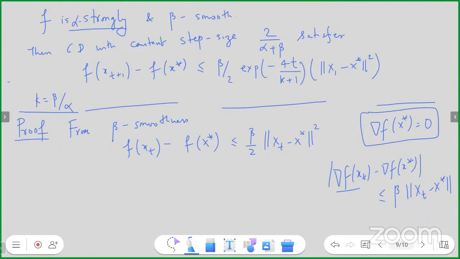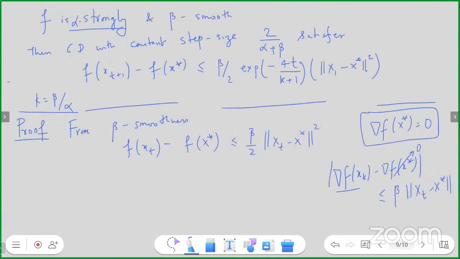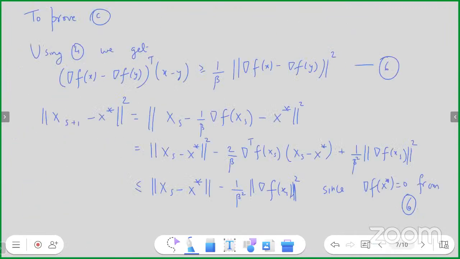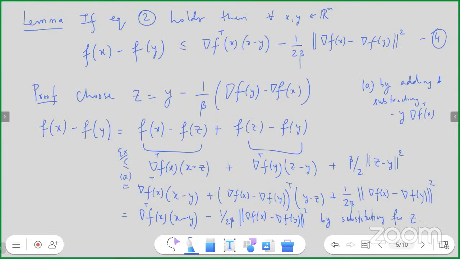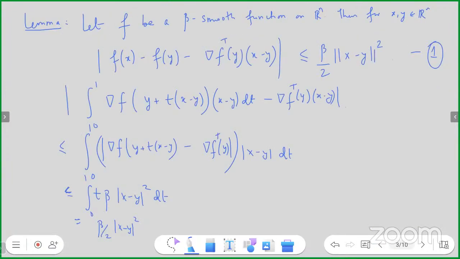There are natural candidates to think about. What are those natural candidates, Pranav? Beta smoothness is only giving me this. This is 0. So all I get is del f of xt is less than or equal to this quantity. I want to go there. How do I go there? The lemma that we, which lemma? Lemma 2. This one? Yes.